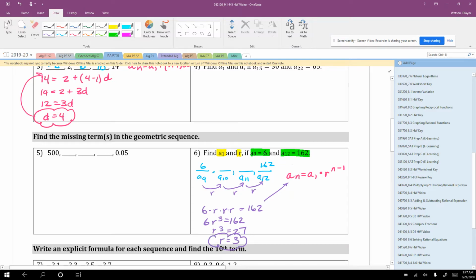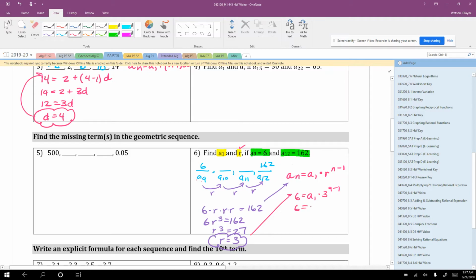Now that we have r, we can figure out a sub 1. So we go back up here and say, a sub n, so let's use 6. 6 is equal to a sub 1 times 3 to the, and then what value is 6? 6 is a sub 9, so 9 minus 1.